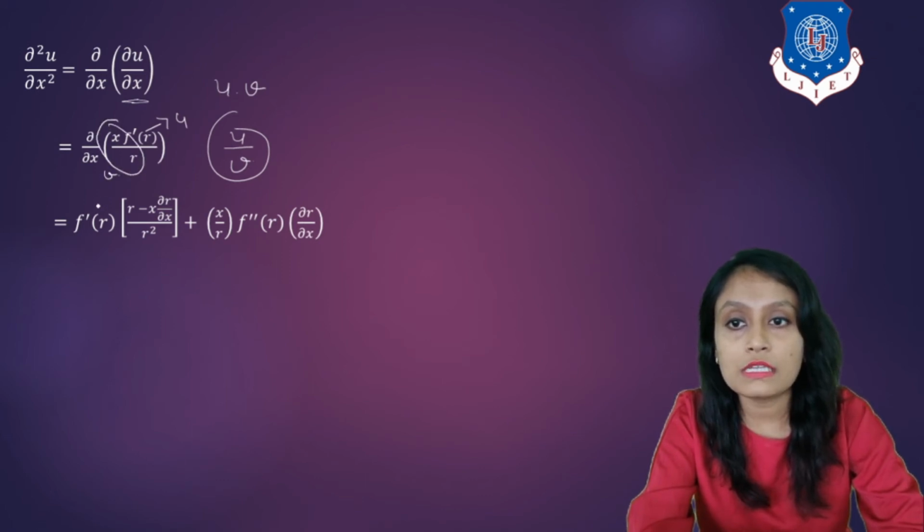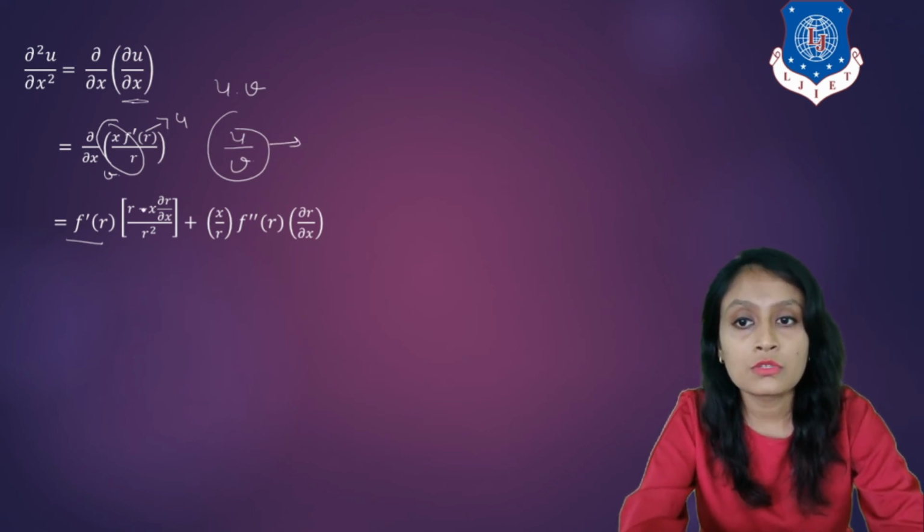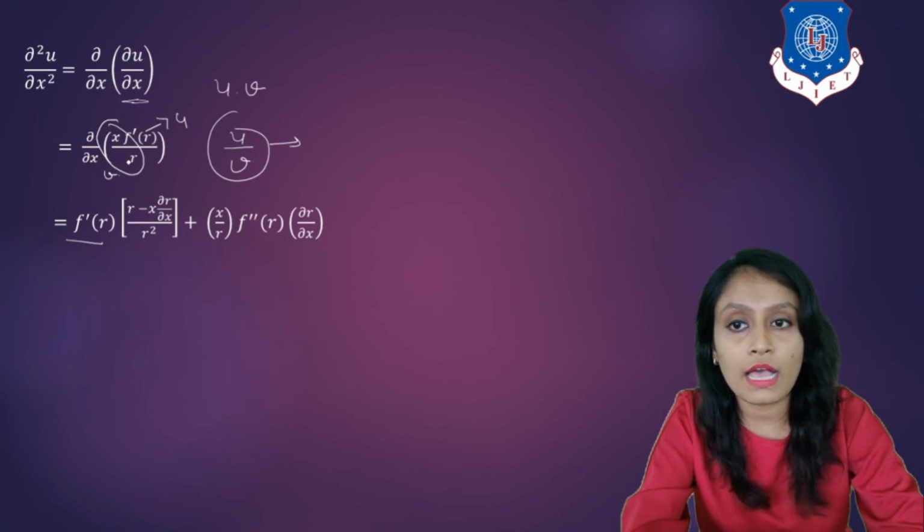Firstly, f'(r) is kept as it is and we have to take the derivative of x/r. For that we apply the u/v formula: denominator as it is, so r is kept as it is, times derivative of numerator, that is 1, minus numerator as it is, so x as it is, times derivative of denominator, that is ∂r/∂x, upon denominator square, so here we have r².